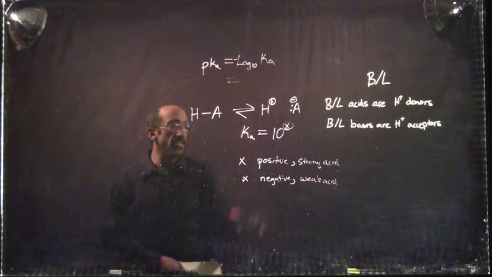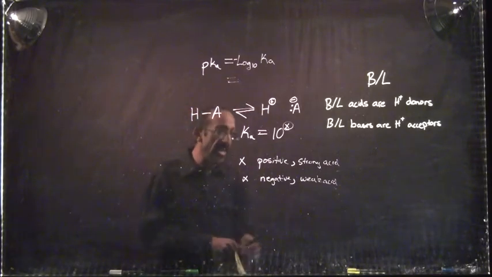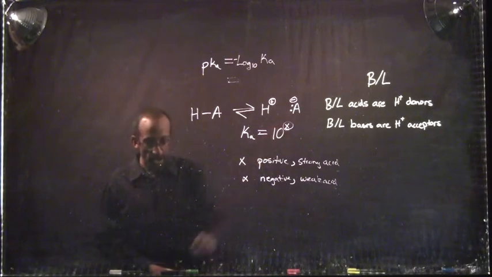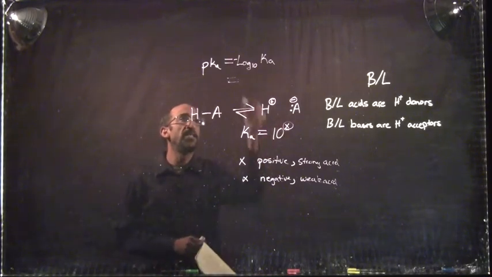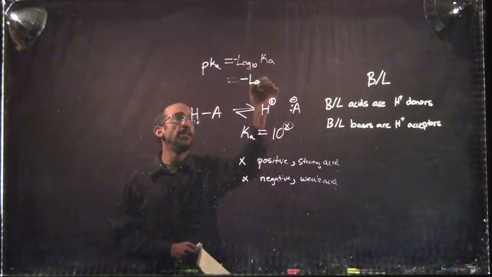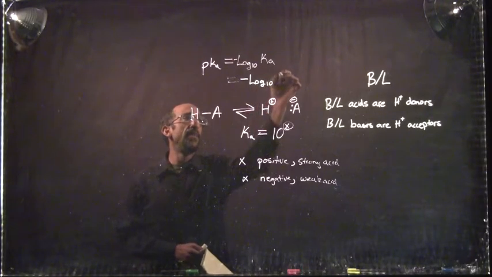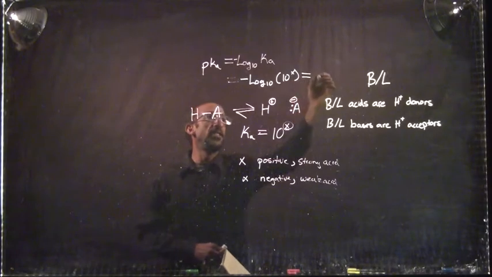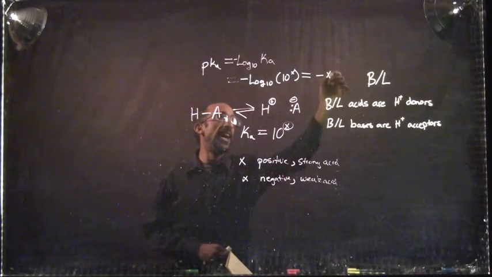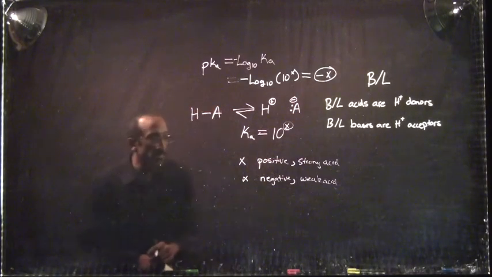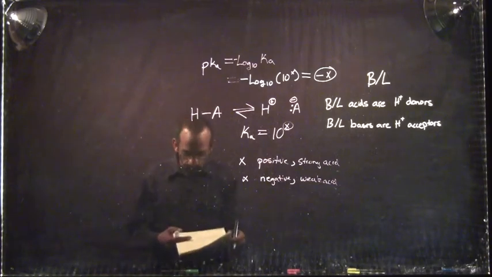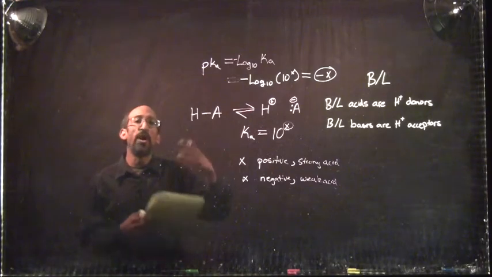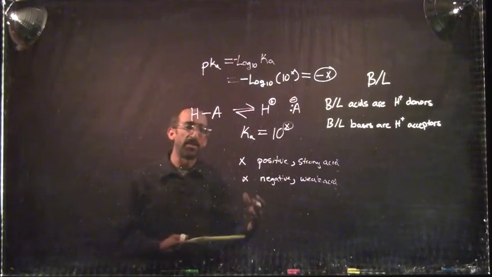So we can rewrite this now, knowing that Ka is going to be some number that's 10 to the power x. So we can rewrite this as negative log in base 10 of 10 to the x, which is just going to equal negative x. And so now we can begin to use this to quantify the strength or weakness of an acid.